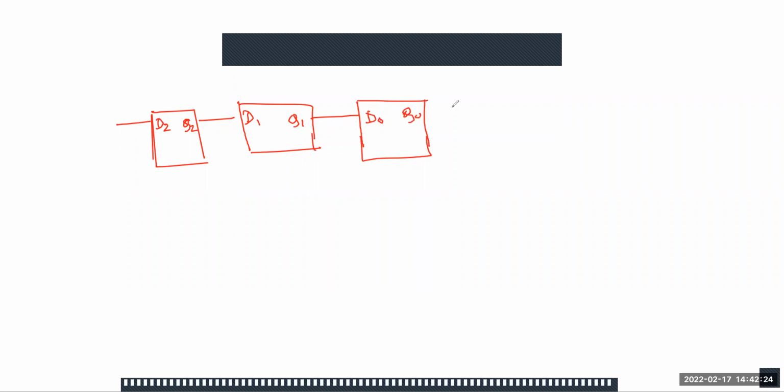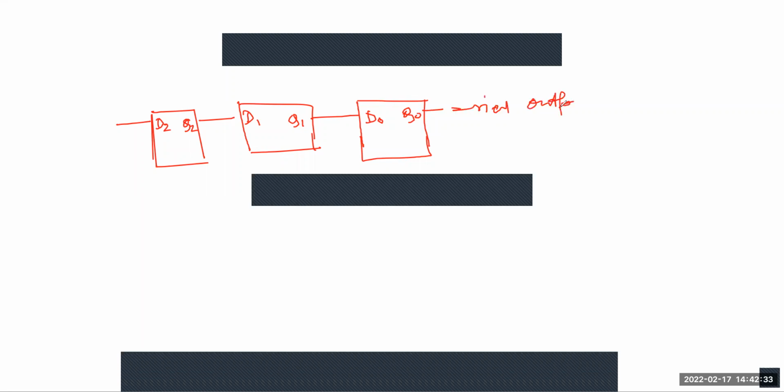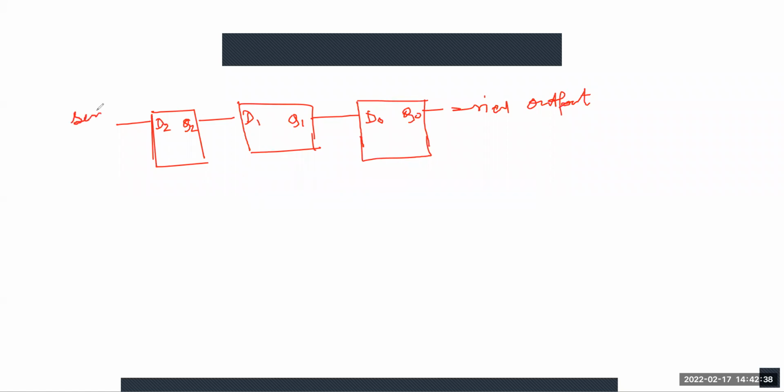So this is called the serial output, and this is called the serial input. And this is a D flip-flop, and you already know there is a clock in a D flip-flop.